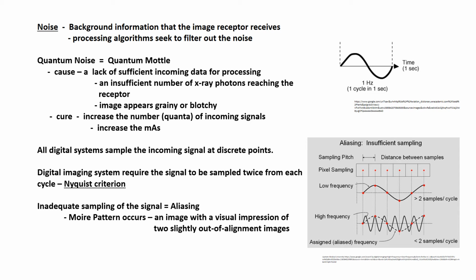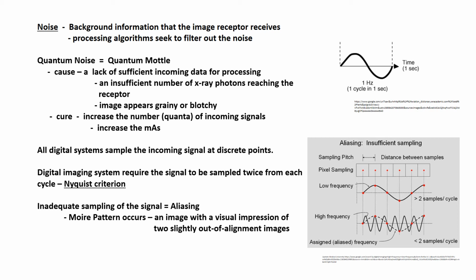If you have inadequate sampling occurring, which means that the computer wasn't sampling at least twice, then you're going to have something called aliasing. And aliasing is going to give you a very strange looking radiograph. It's an image with a visual impression of two slightly out of alignment images.